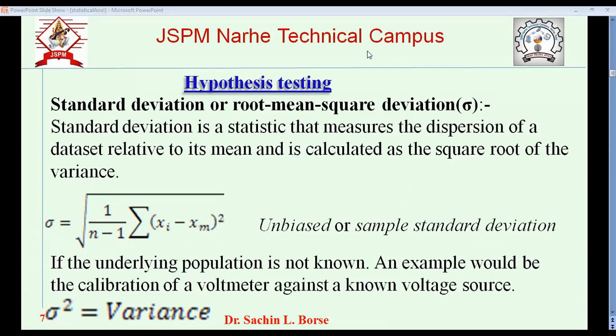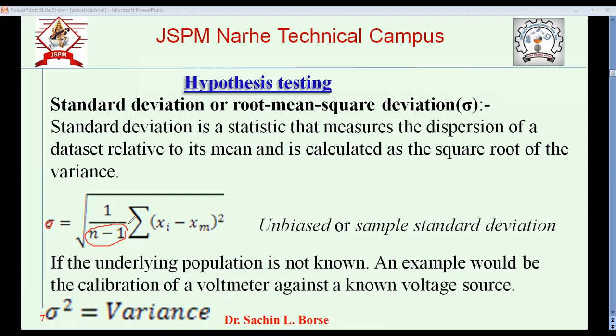When the number of readings is less, in that case, n is replaced by n minus 1. Suppose your readings are less than 20, then we have to consider the standard deviation. In that formula, sigma will be the same.